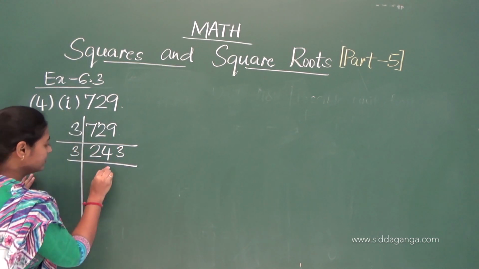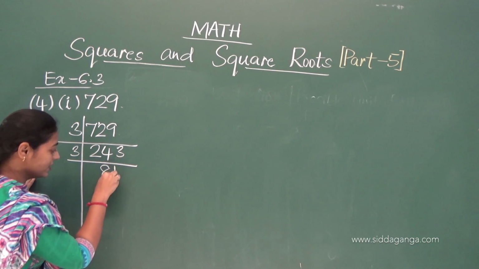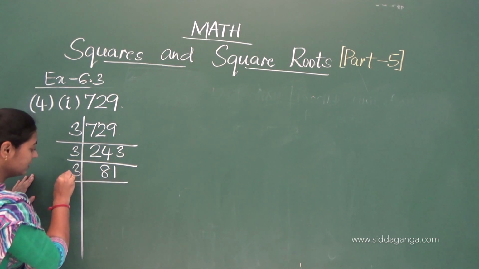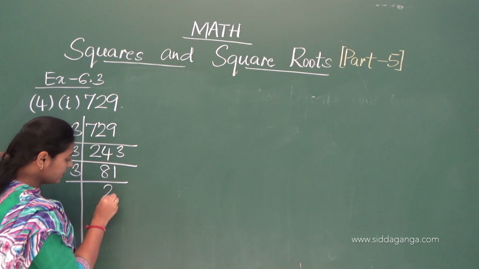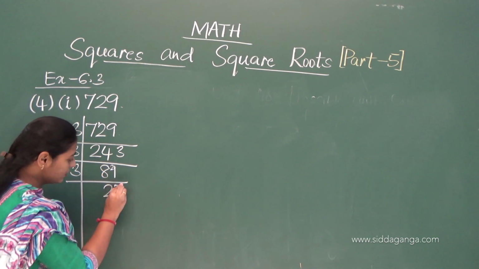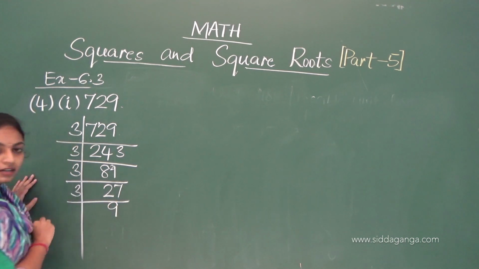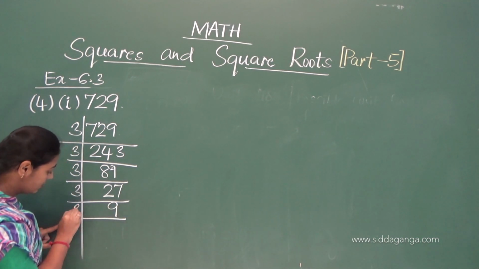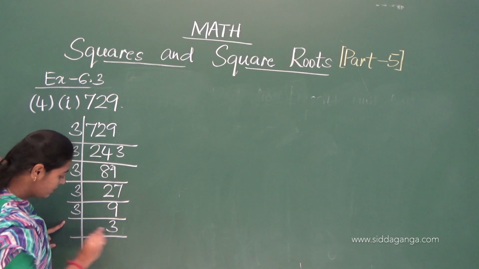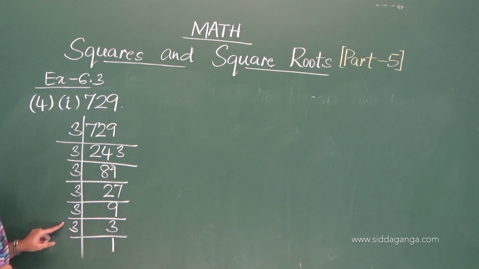Again, 3 8s are 24, 3 1s are 3. Again with 3, 3 2s are 6, 21, 3 7s are 21. Again 3 9s are 27. Next 3 3s are 9, 3 1s are 3.